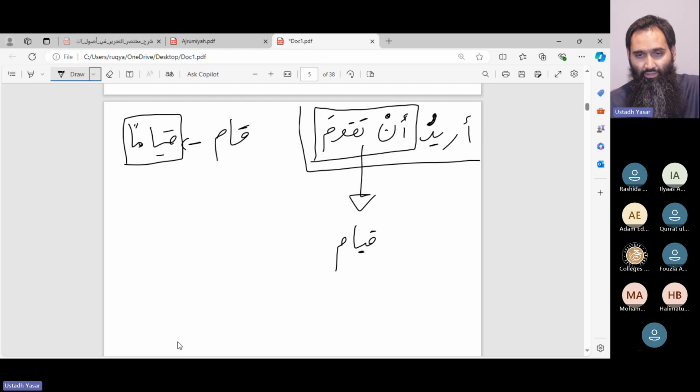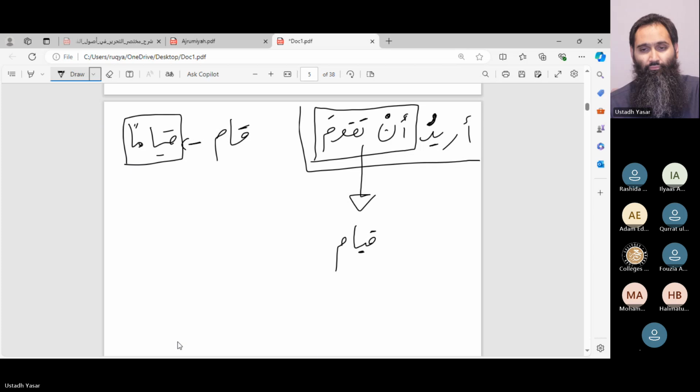And that ta here, remember we said ta can be for mukhatab or ghaiba. Remember the ta that comes with your fi'l mudari can be for mukhatab or what? For ghaiba. But here obviously we speak to someone.